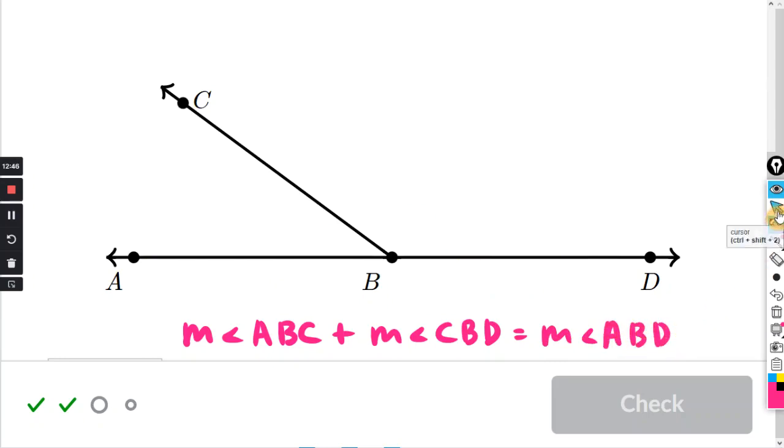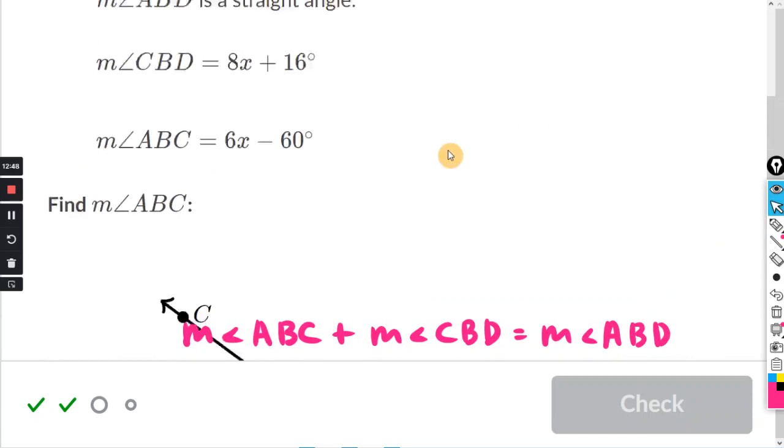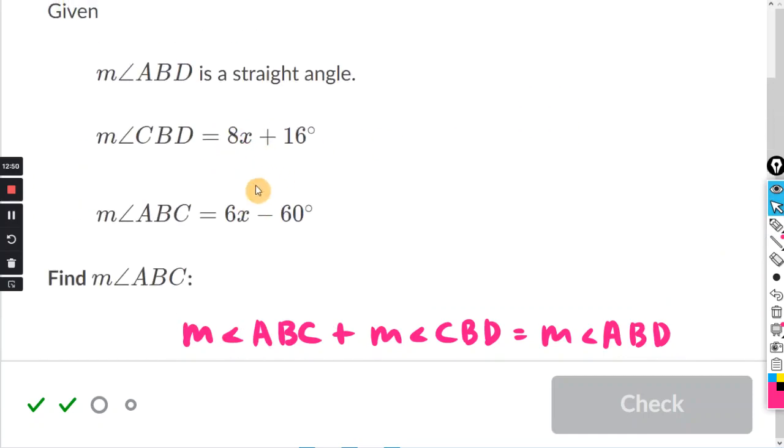Okay, and then once you have your equation, you can just check the algebra expressions and plug those in. So it's really that simple.